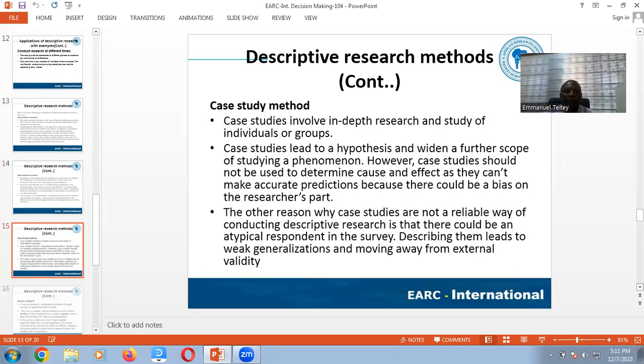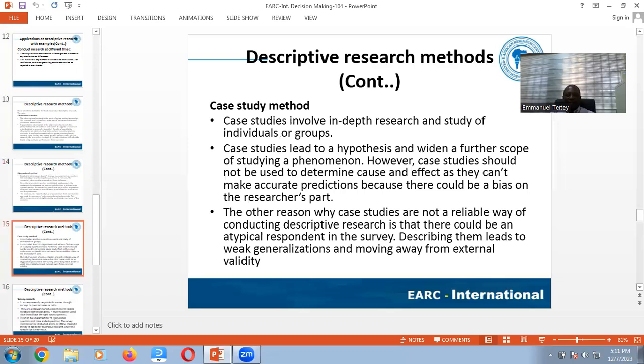Case study method of descriptive research. Case studies involve in-depth research and study of individuals or groups. A case study leads to a hypothesis and widens the scope of further studying a phenomenon. However, case studies should not be used to determine cause and effect, as they cannot make accurate predictions because there could be bias on the researcher's part.